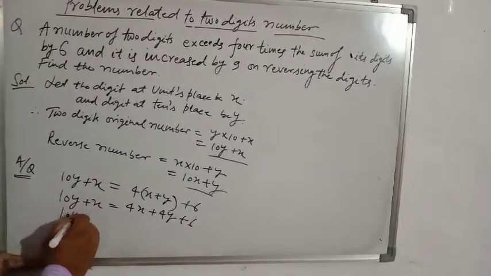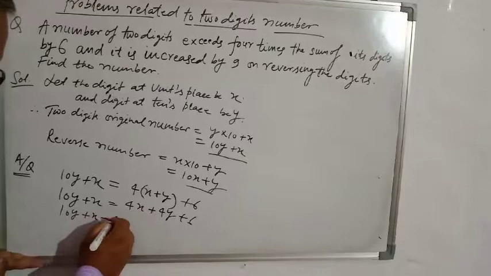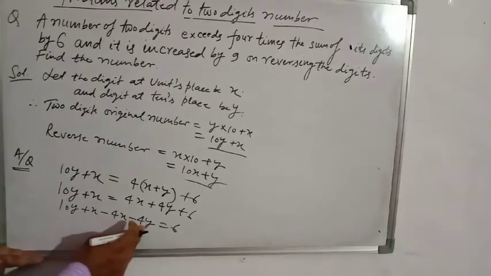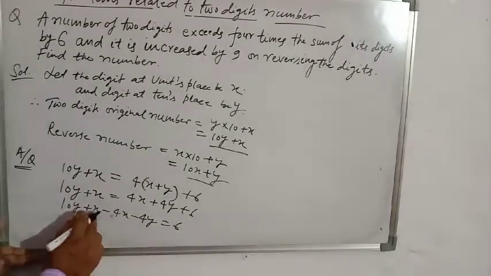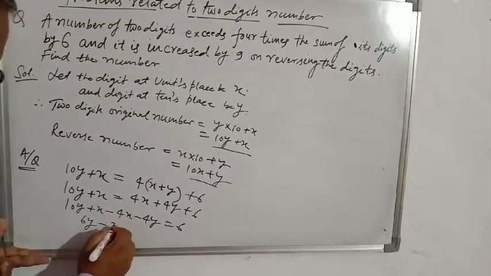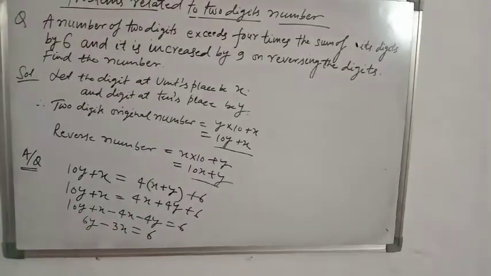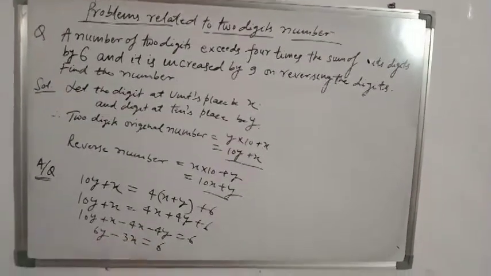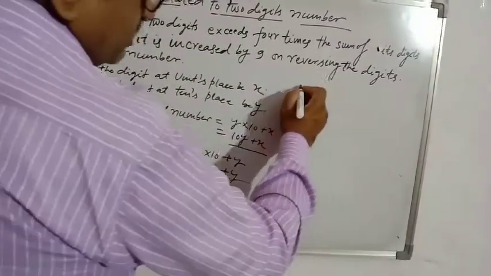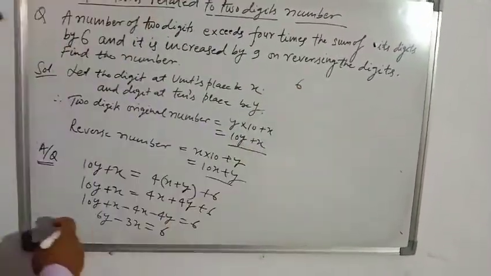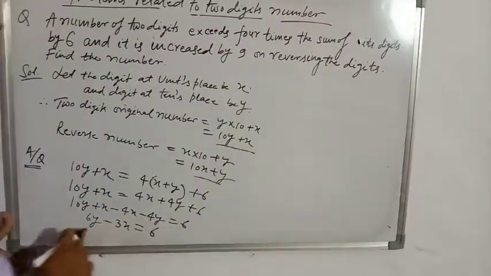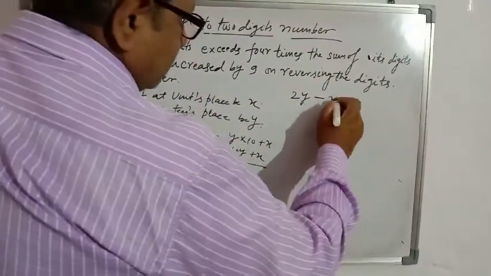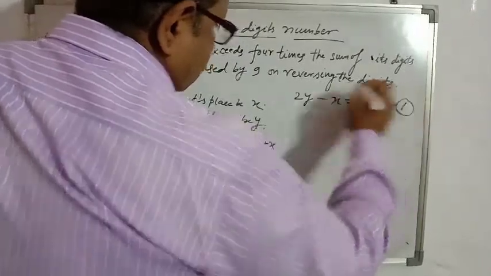Transpose it: 10y plus x minus 4x minus 4y is equal to 6. 10y minus 4y is 6y, x minus 4x is minus 3x, is equal to 6. We can divide the whole equation by 3. So 3 twos are 6, we can write 2y minus x is equal to 2. It is equation number 1.